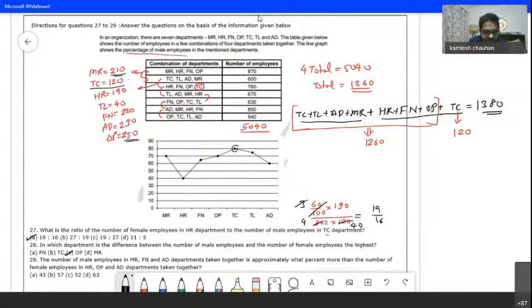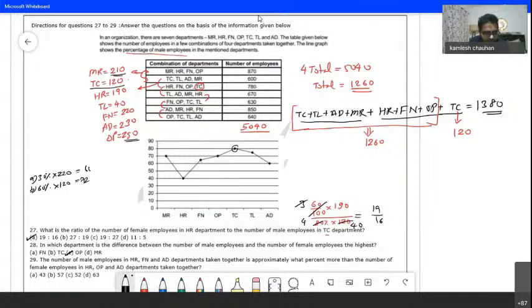We can calculate also. For FN, 220, the difference is 65 minus 35, so 30 percentage of 220. For TC, we will get 60 percentage, which is 80 minus 20 percentage, of 120, which is 72.